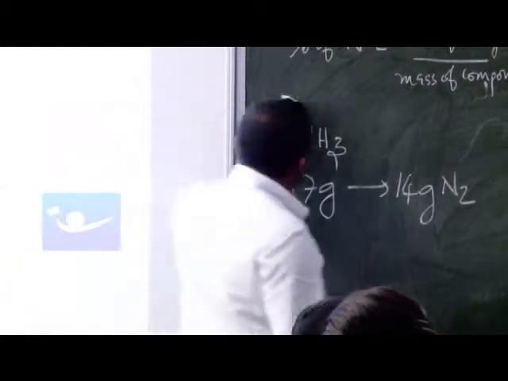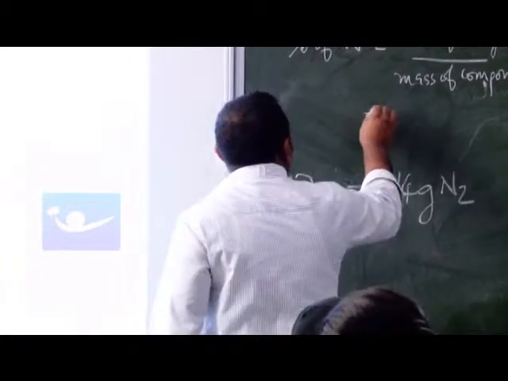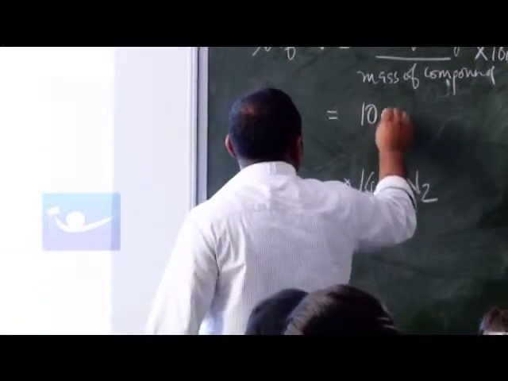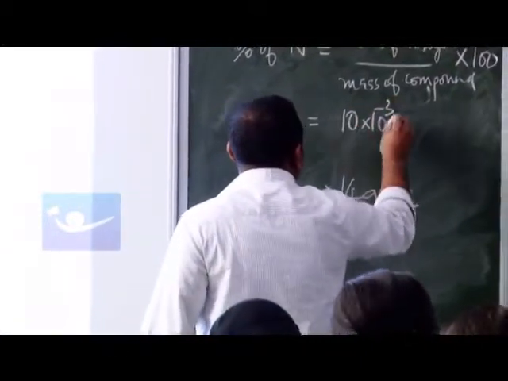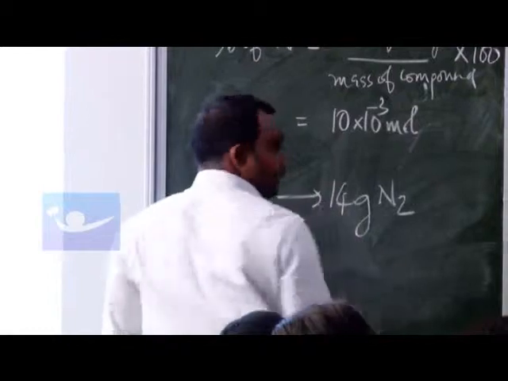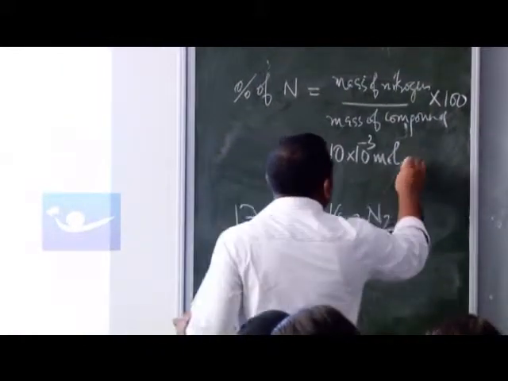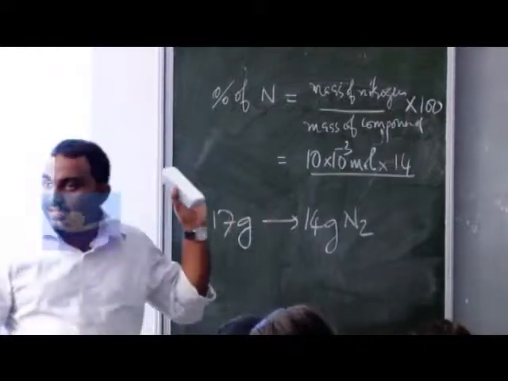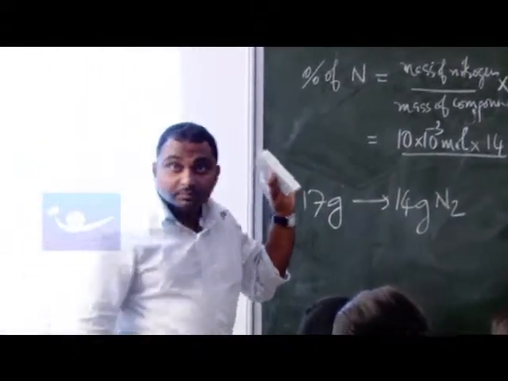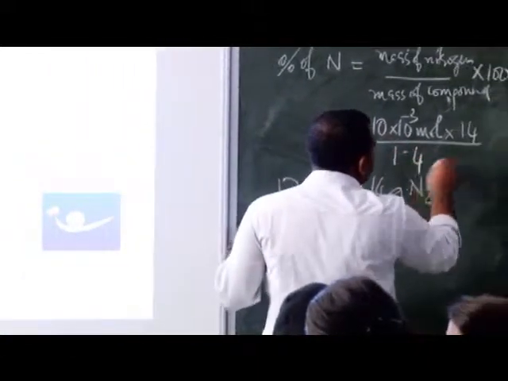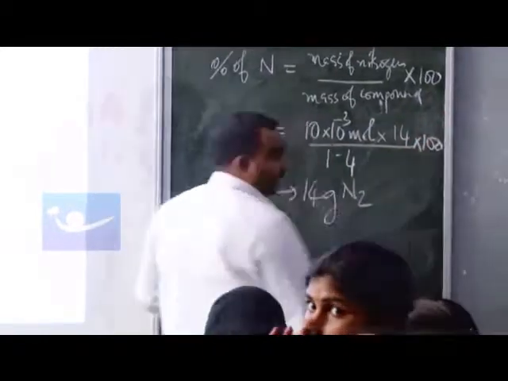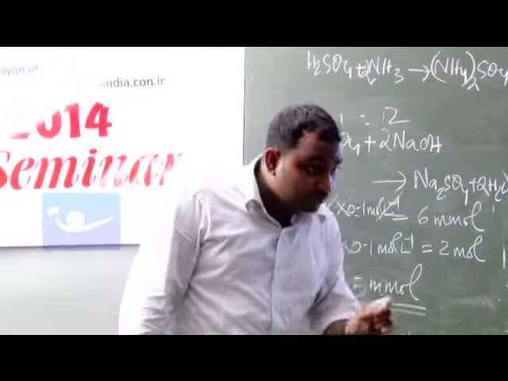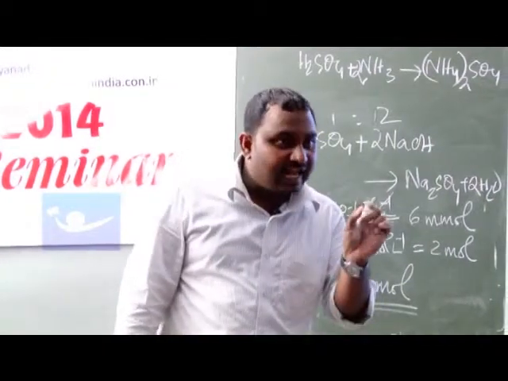So you can write mass of nitrogen is 10 into 10 raised to minus 3 mole of nitrogen into 14. Mass of compound is given. What is that? 1.4 into 100.